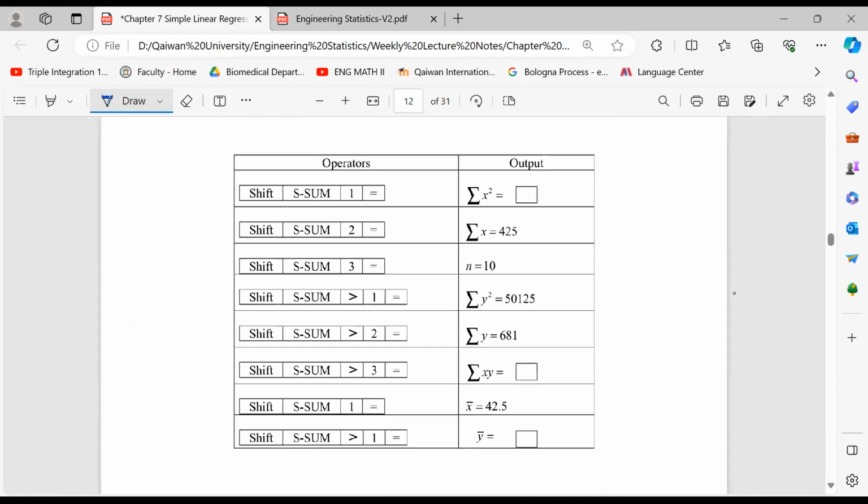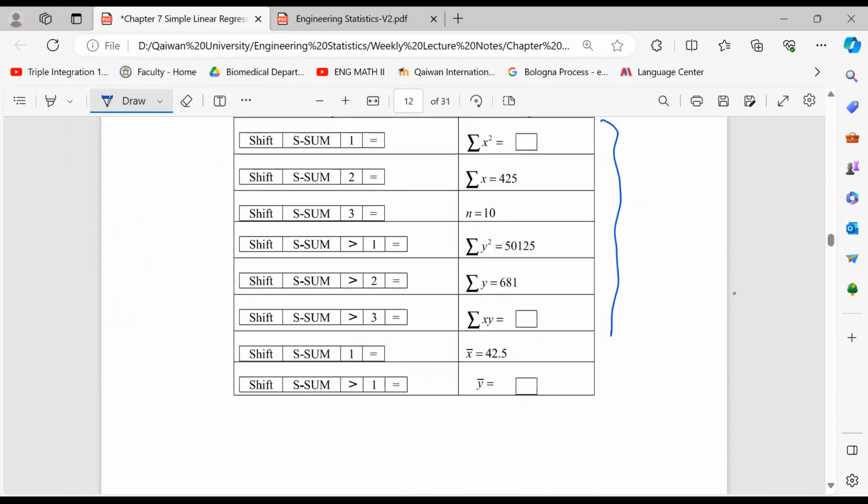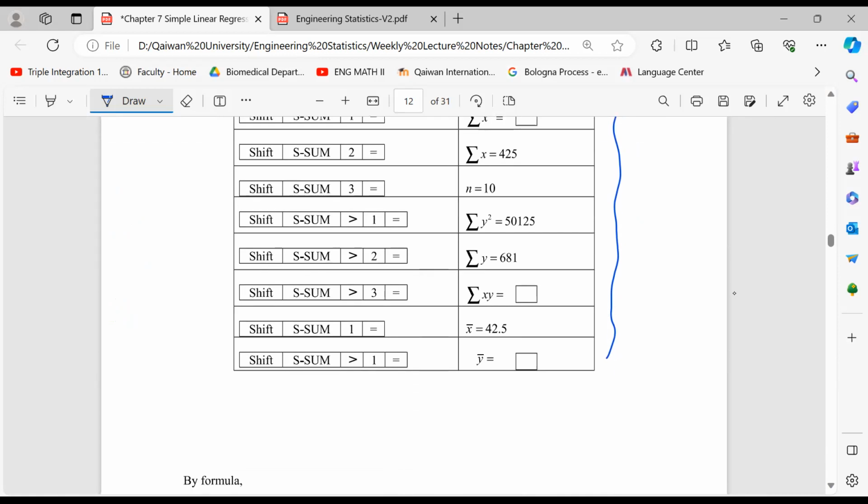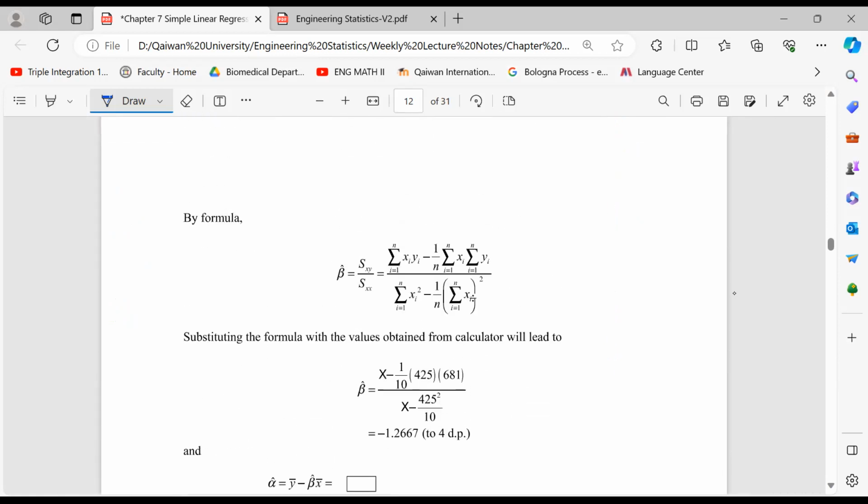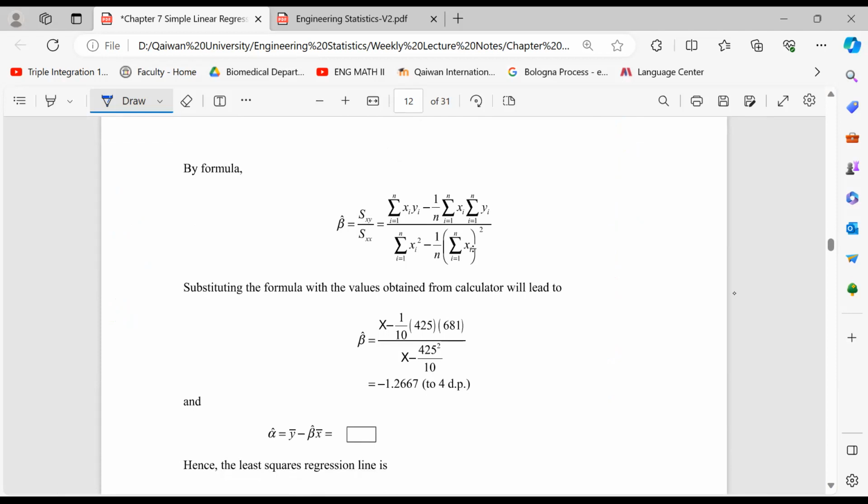Using calculators, it could be obtained like this, but here we calculate it manually. Beta hat is s sub xy divided by s sub xx. So s sub xy is the sum of xi yi minus 1 over n times the sum of xi times the sum of yi. And s sub xx is the sum of xi squared minus 1 over n times the sum of xi, all squared. That's how to find beta.